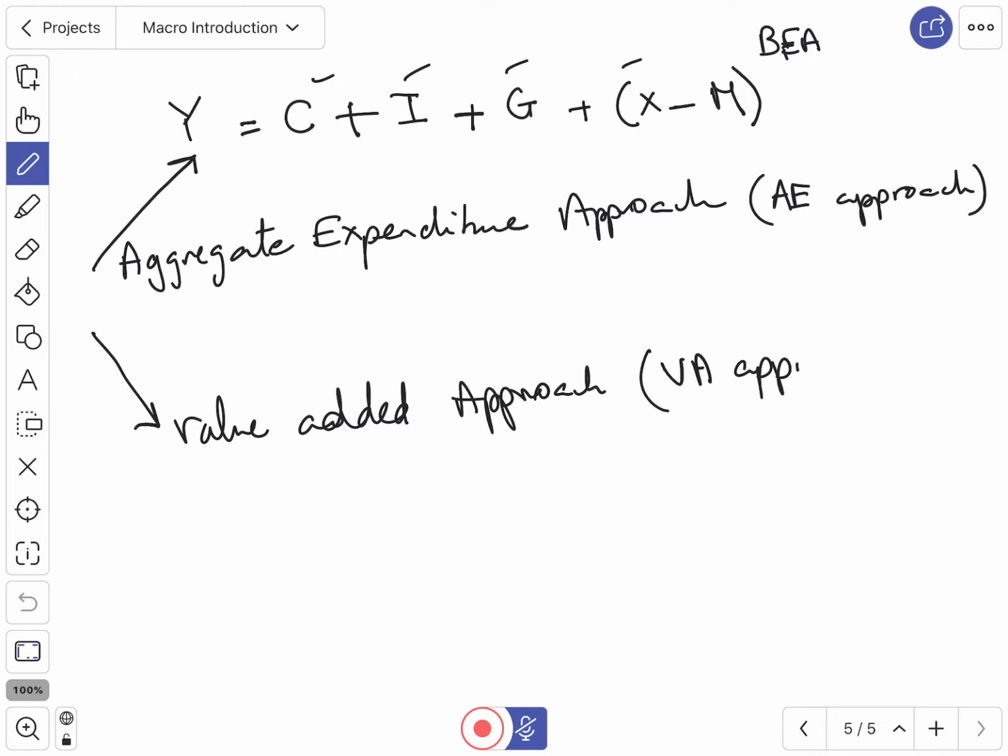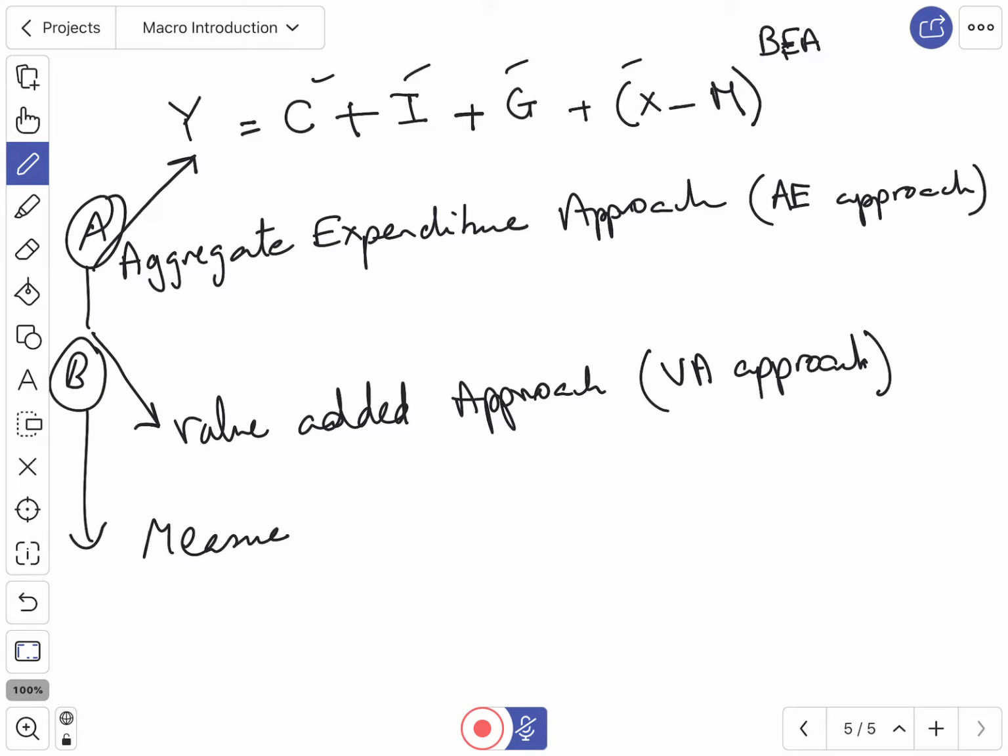So both of these approaches are actually used, right, to measure GDP. So you can either use A or B, and both A and B are used to measure GDP. Okay, and the number B is an alternative approach.